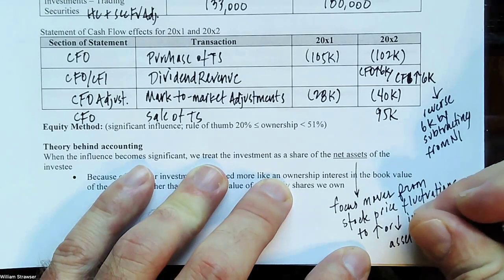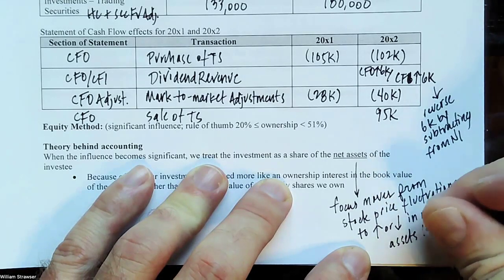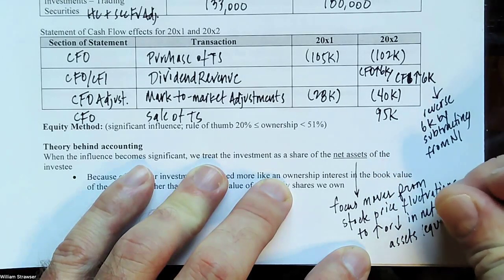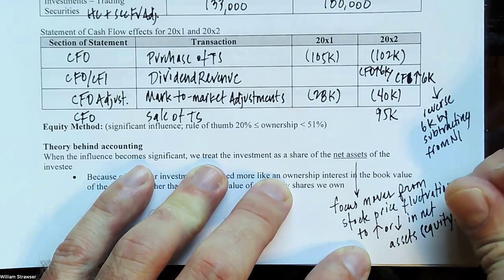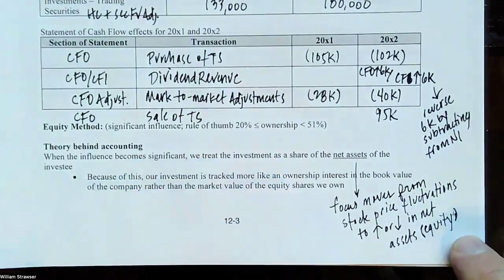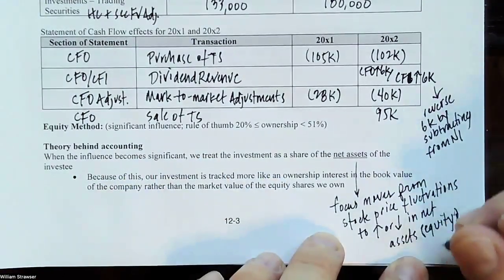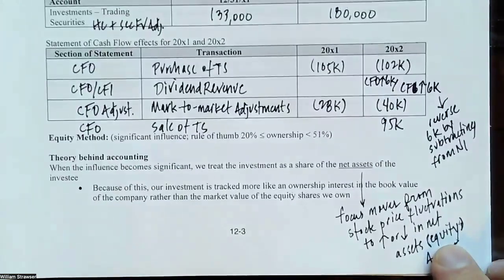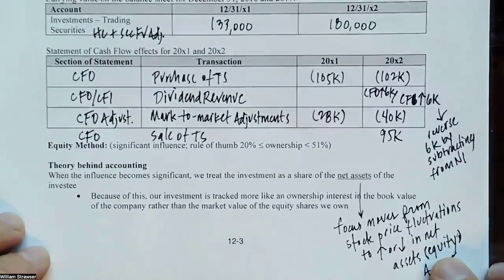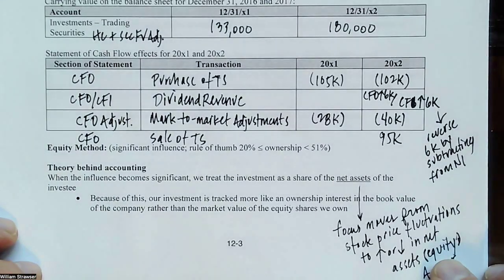And remember, the net assets of the company are essentially its equity, right? Net assets are assets minus liabilities. And we know from the accounting identity that assets minus liabilities is equal to equity, right? So that's our focus when we are in an equity method moment, right?